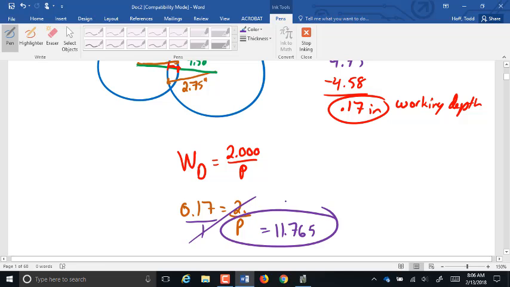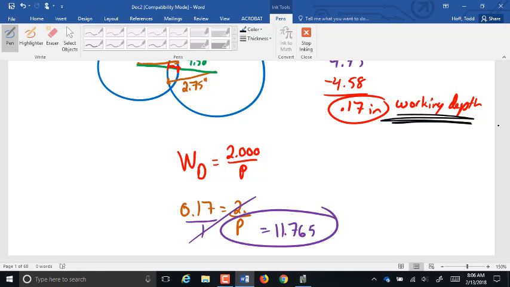What do you think? You won't get in trouble if you only go to 3. Any questions? That's kind of a sneaky little question, but it just requires you to know that the overlap of the outside diameters is the working depth. Once you've got the working depth, you're good to go. Okay, I'm going to give you guys the last 14 minutes to keep working out of that packet to finish those up. And like I said, tomorrow will be our Unit 2 test.